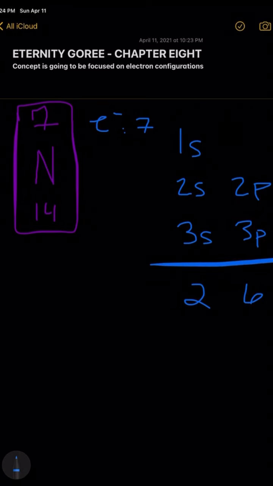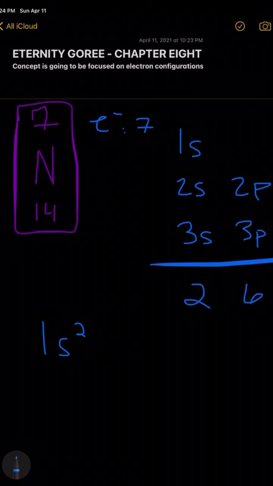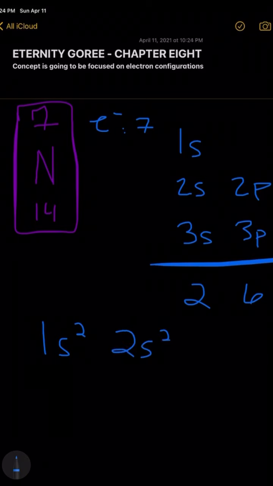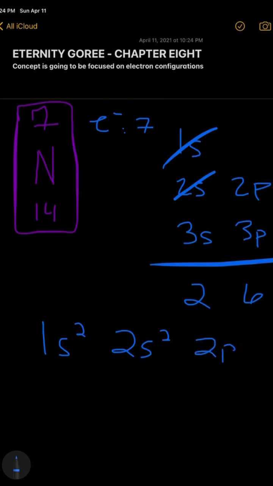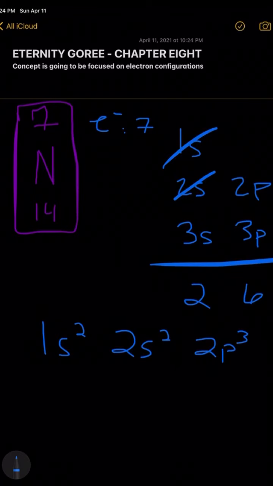So with that being said, let's calculate the numbers. So 1s is 2, and then we do 2s is 2. We cross these out as we go, and then we're gonna stop at 2p3. So we don't need all 6 of the p.